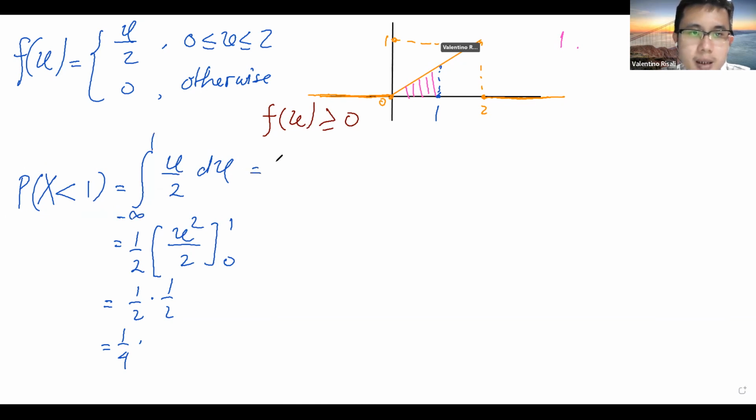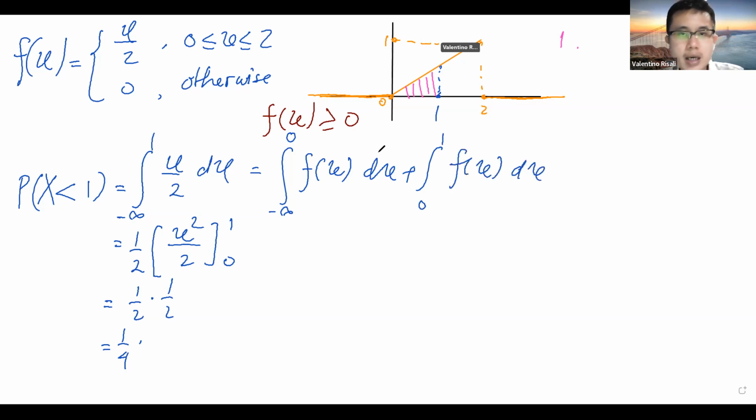But because the value of f(x) from negative infinity to 0 is 0, we only consider this integral. And actually, f(x) does not represent the probability for the continuous case.